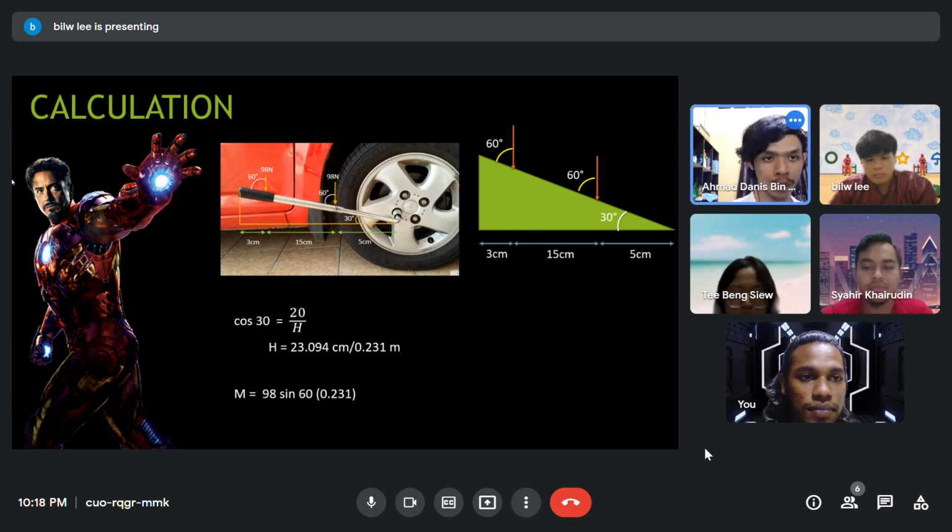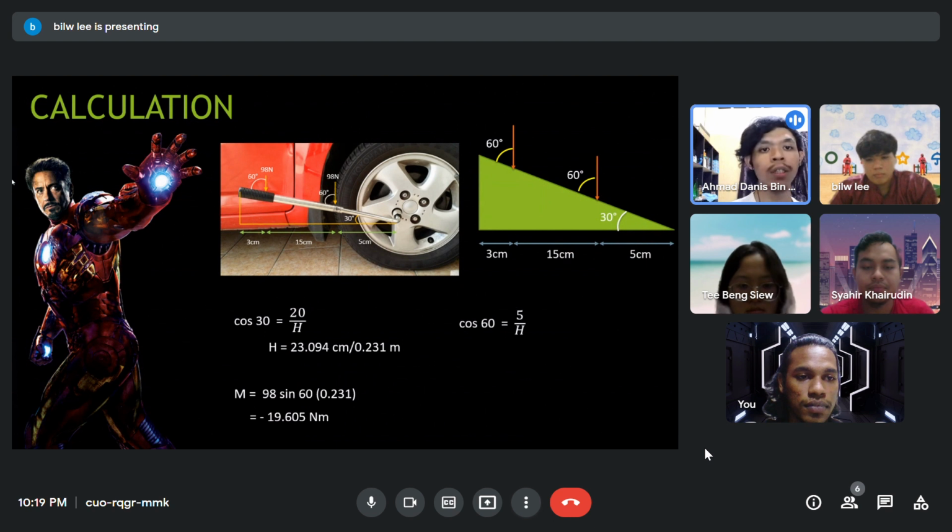So the equation is 98 sin 60 multiplied by 0.231, and we get negative 90.605 Nm. And this moment is anti-clockwise. The second calculation is the same as the first calculation, but the difference is only the distance, while the force is the same.